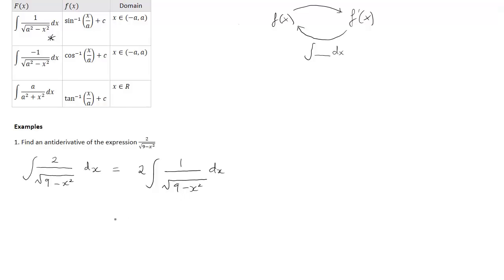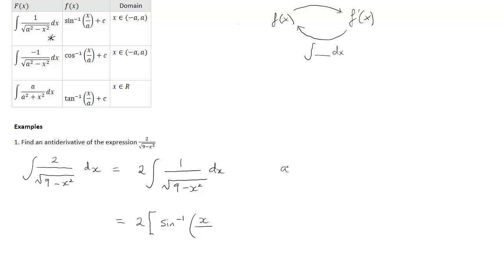So we can go straight into the actual expression. We can say 2, and then we can see that there's a positive number at the top there, so that's probably sine inverse. Sine inverse, and then we just put x divided by a.